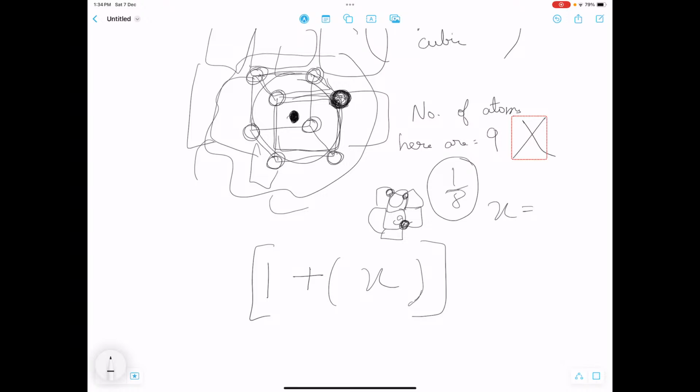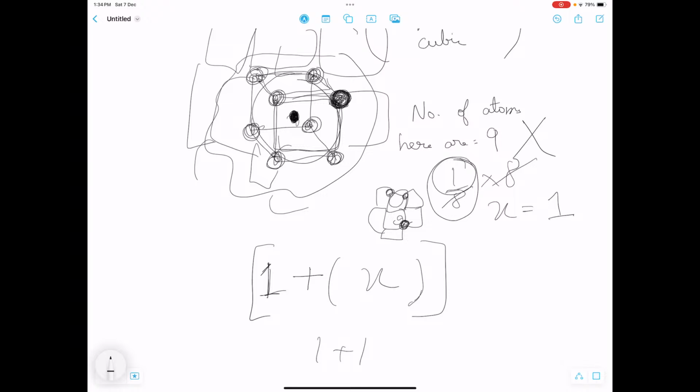Now like this, there are 8 corners: 1, 2, 3, 4, 5, 6, 7, 8. So 1/8 into 8 corners. Cancel, 1 stays. So all these parts of atoms, 8 of them, become 1. Therefore x is equal to 1. And previously we already knew 1 was in the middle.